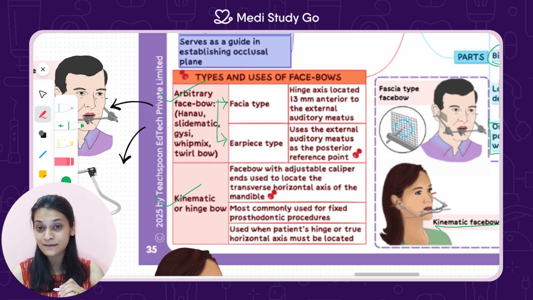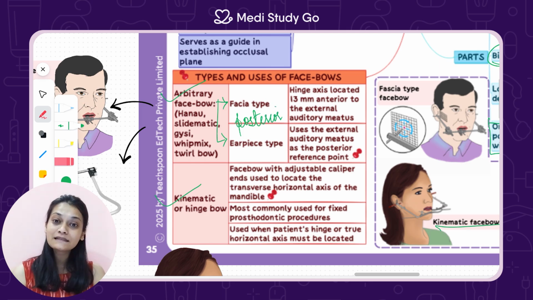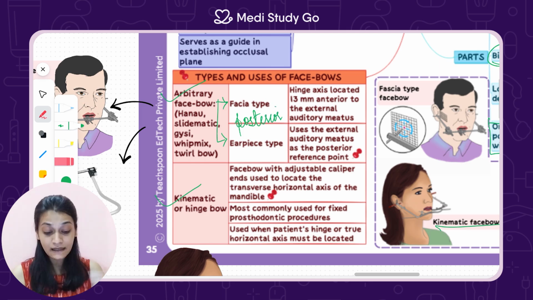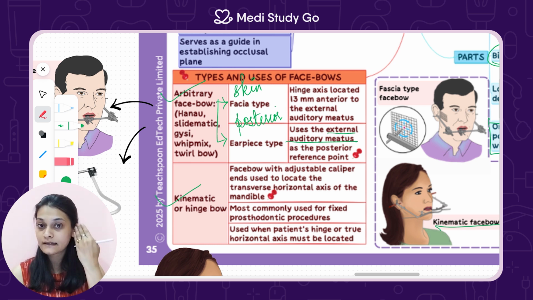As the name suggests, these are the posterior reference points that can be changed. Earpiece, it's very easy to understand that it will be the external auditory meatus that will come into the picture. Fascia means something related to skin. But now it can be so much of a radius that I can cover, right?